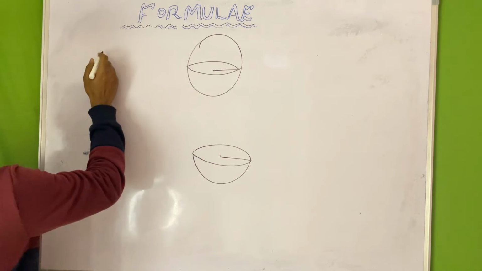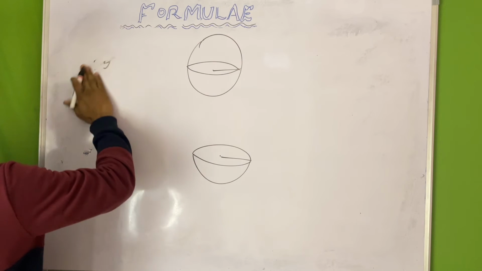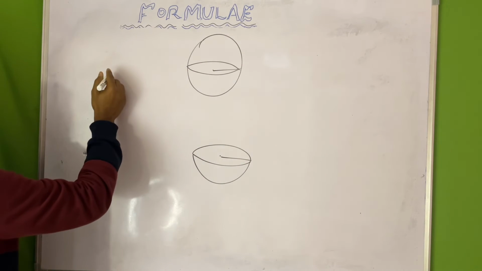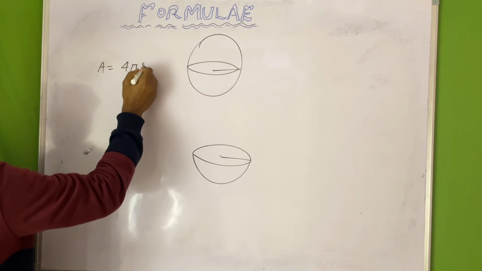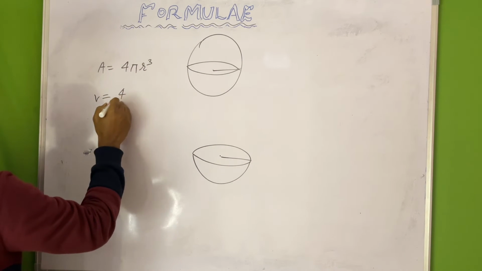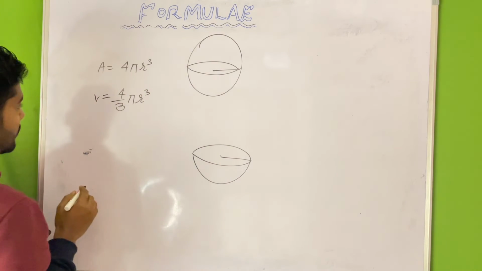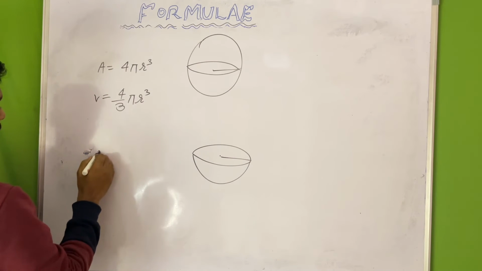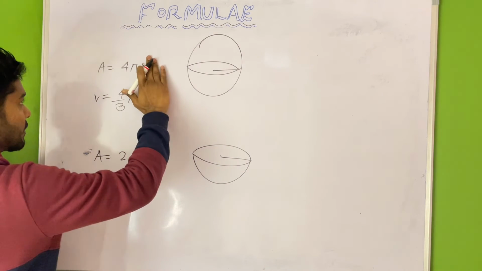So curved surface area, CSA, or area of sphere is 4 pi r square, and volume is 4 by 3 pi r cube. In case of hemisphere, curved surface area is 2 pi r square.